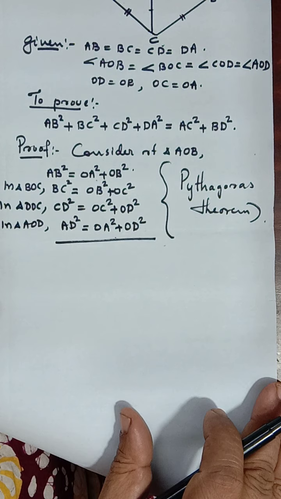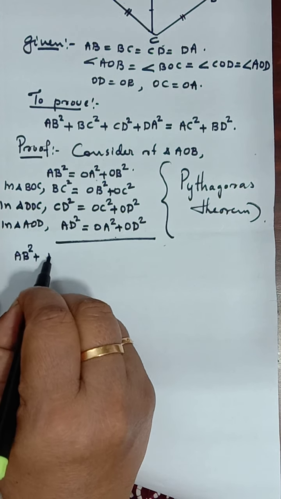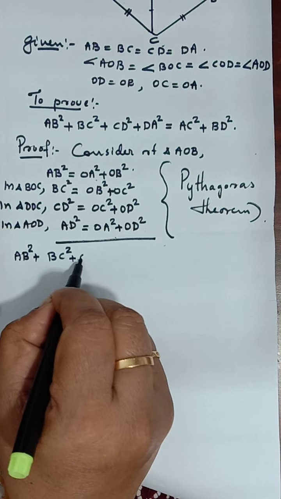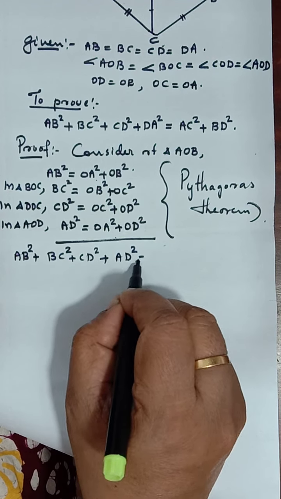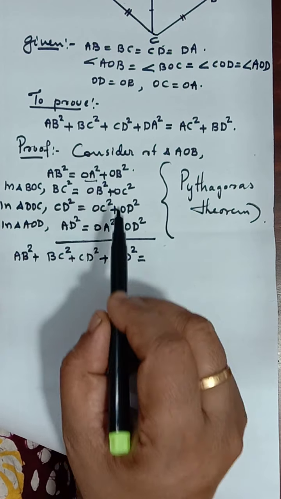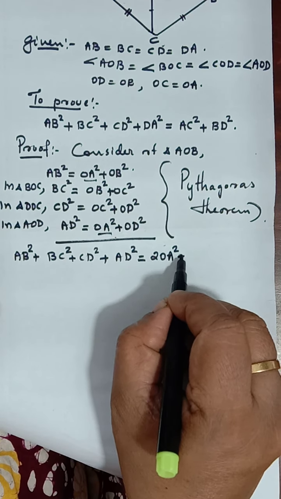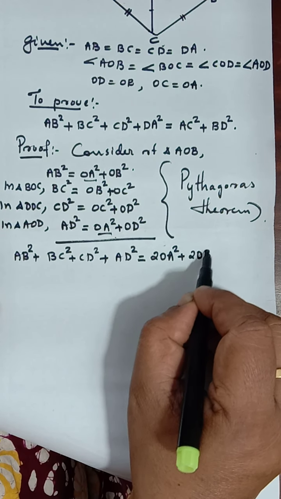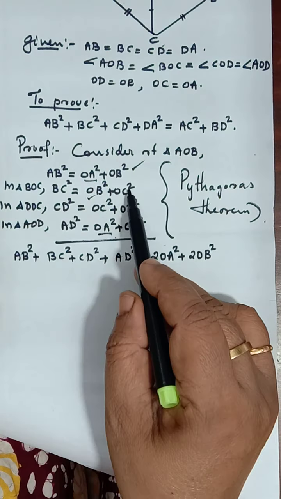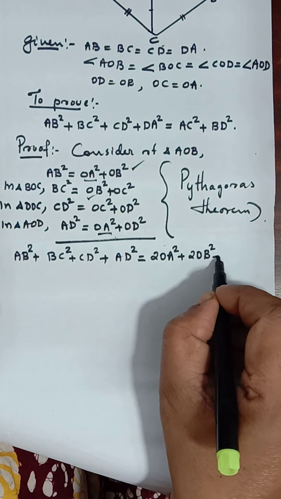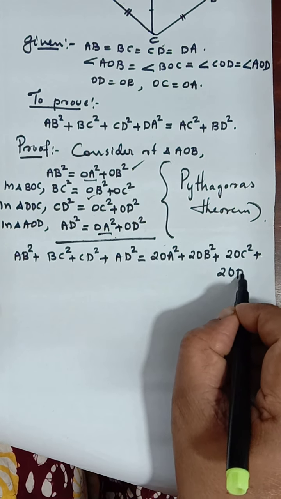We will be getting AB square plus BC square plus CD square plus AD square equal to 2 OA square plus 2 OB square plus 2 OC square plus 2 OD square.